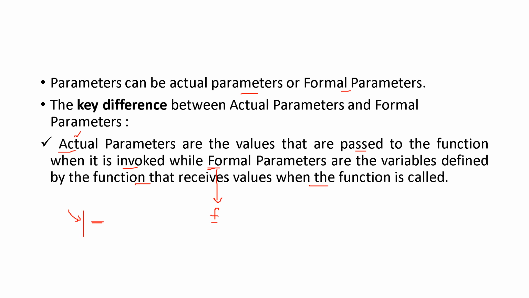So the parameters of the function call in the main are known as actual parameters, and the parameters of the function definition are known as formal parameters. It will be clearer when I discuss the example.